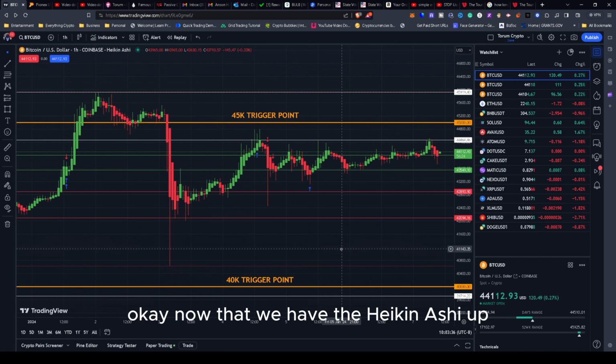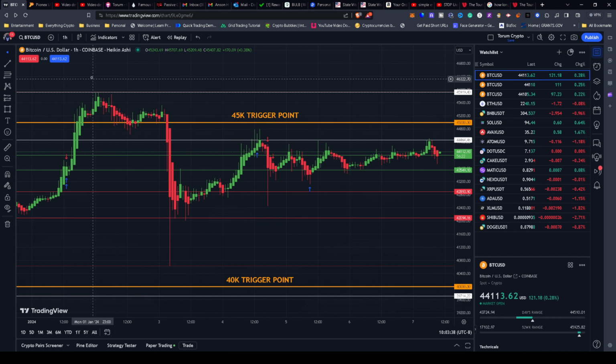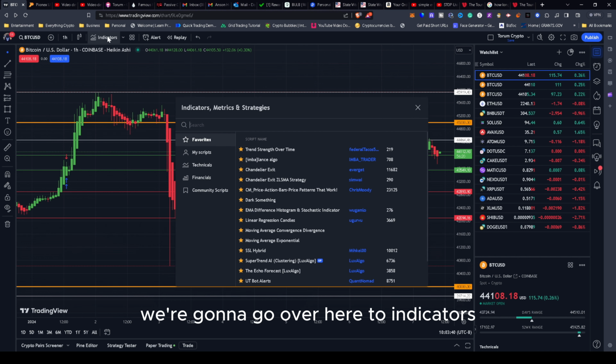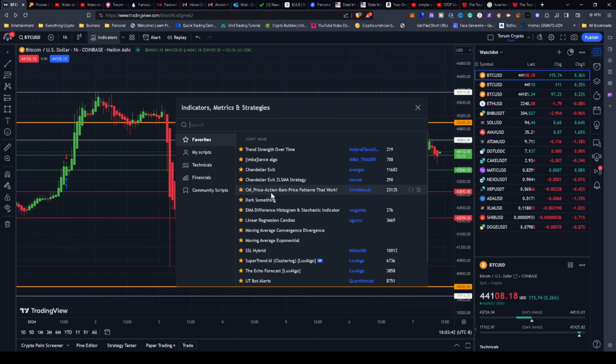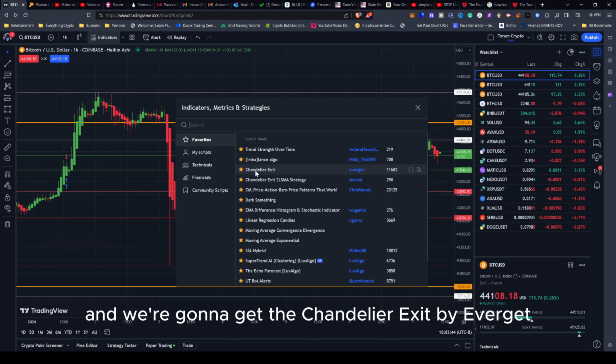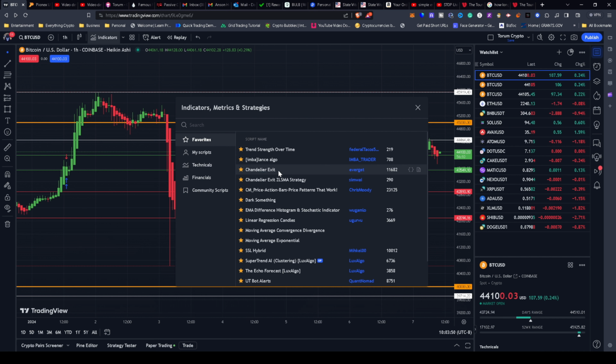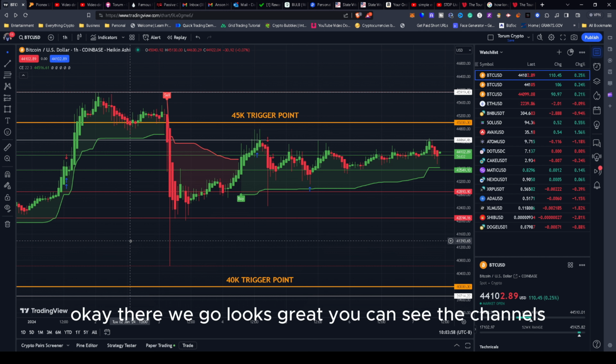Okay, now that we have the Heikin-Ashi up, we're going to go over here to indicators and get the Chandelier Exit by Everget. We're going to put that on our chart. Okay, there we go. Looks great.